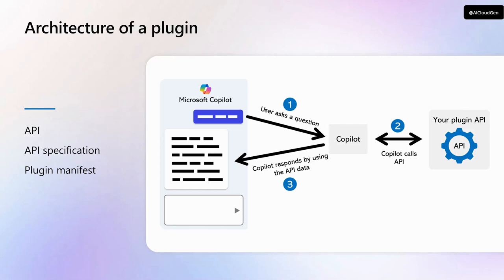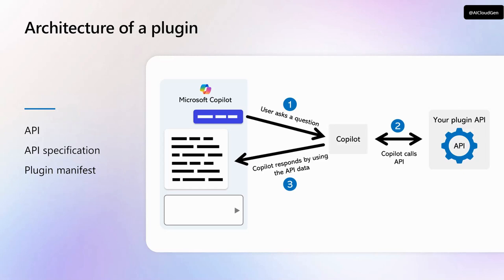The Open API standard is a standard API specification that you have to follow, and that makes sure that your API is written using the Open API format. The second thing is you have to have an API specification, or what we call the documentation. And the third one is you have to create a plugin manifest. It is a JSON file which is used by Copilot to know when and how to use the plugins. The API specification and the plugin manifest all need to be hosted on your own server, right?